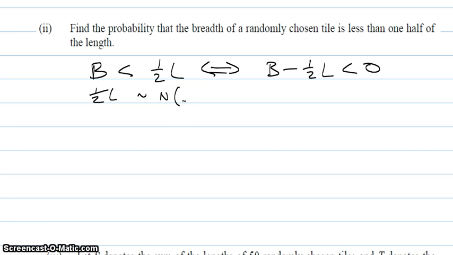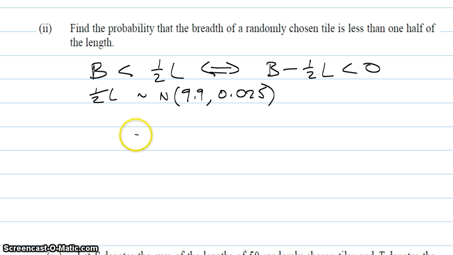So where it was 19.8 before, it's now going to be 9.9. And what about the variance? We multiply the variance of 0.01 by a half squared, so a quarter. And we get 0.0025 to be the new variance.